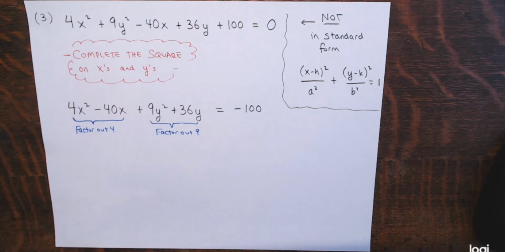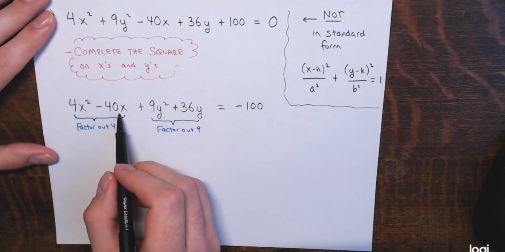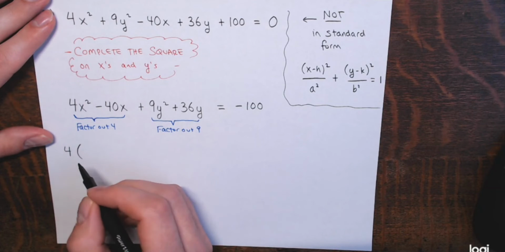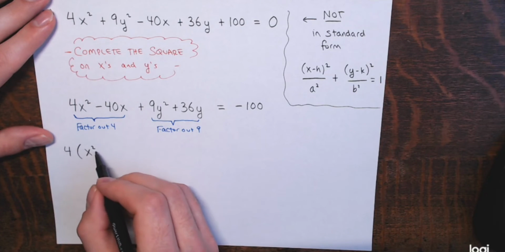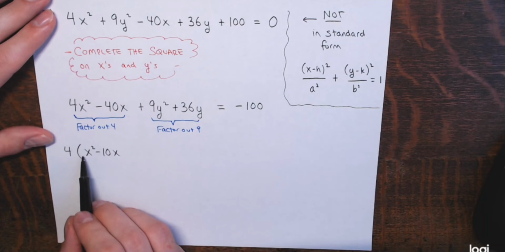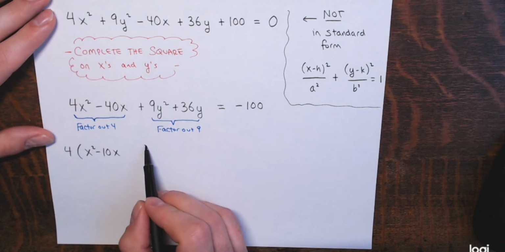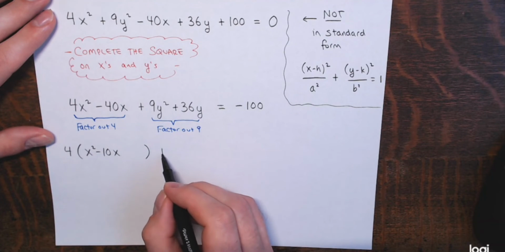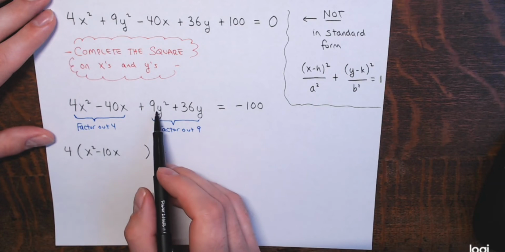So now, from the x terms, if I factor a 4 out, we have 4 times the quantity x squared minus 10x. And now because there's a coefficient of 1 on x squared inside the parentheses here, I'm going to leave some space for that number we're going to add to complete the square. Then plus, and then from the y terms, I factored out 9.